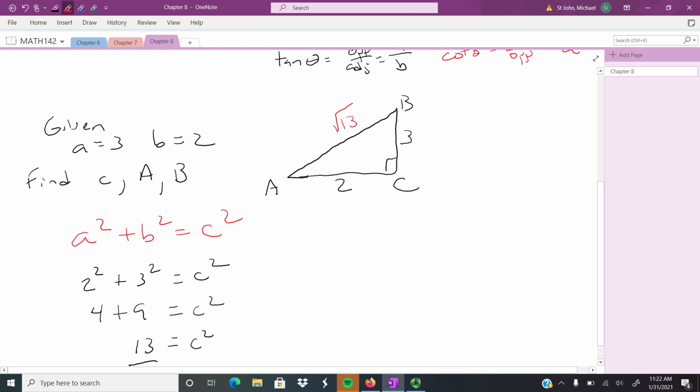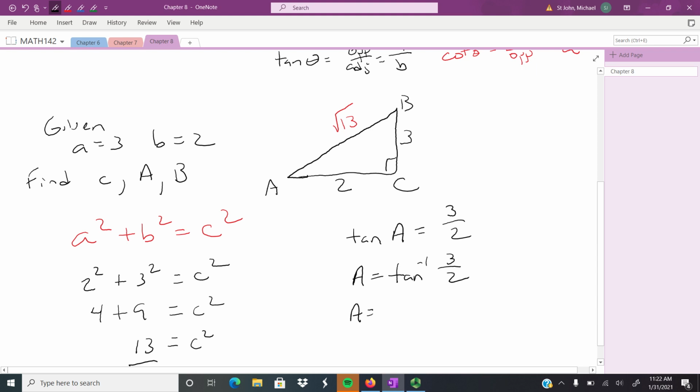And now we need to find our angle. So let's find angle A first. The tangent of A is going to equal 3 over 2. And we want to find angle A, and so angle A is going to be the inverse tangent of 3 over 2.